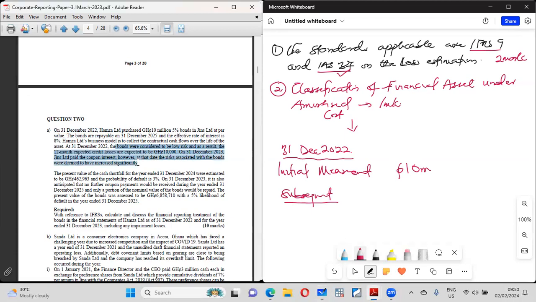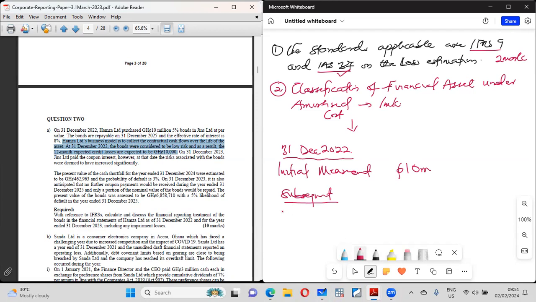So as at 2022, you already know your expected credit loss. They've given it to you. Did they give you the probability? They didn't give you any probability for that. They've said the bond is low risk and it is 10,000. So that is it. They've done it for you.